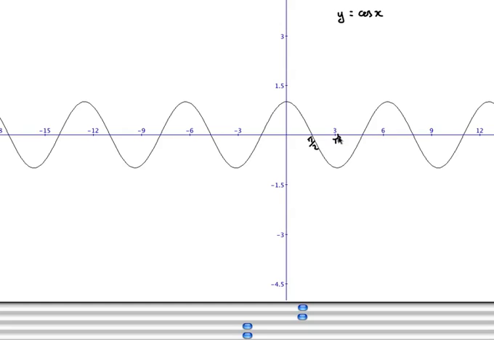Remember, pi is 3.14. That's pi radians. This is 3 lots of pi upon 2, and this, where it reaches its maximum again, is 2 lots of pi, roughly 6.28. So that's the normal scale in radians.